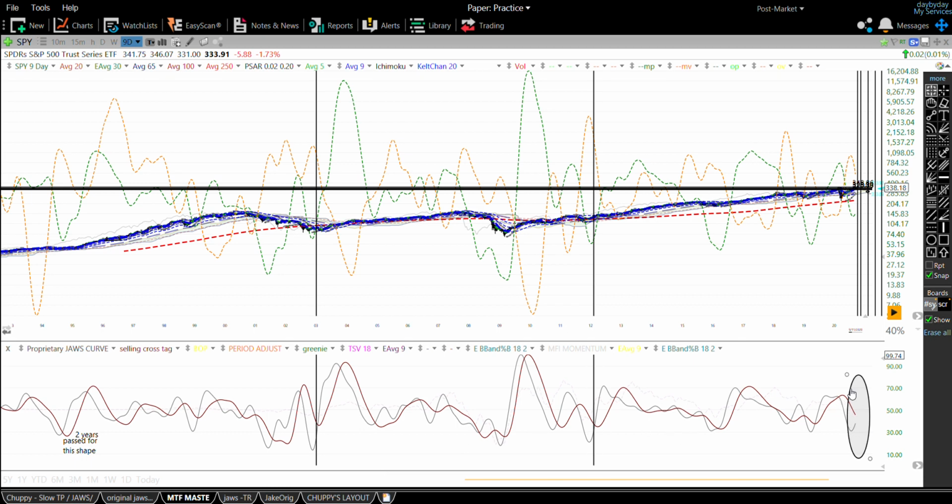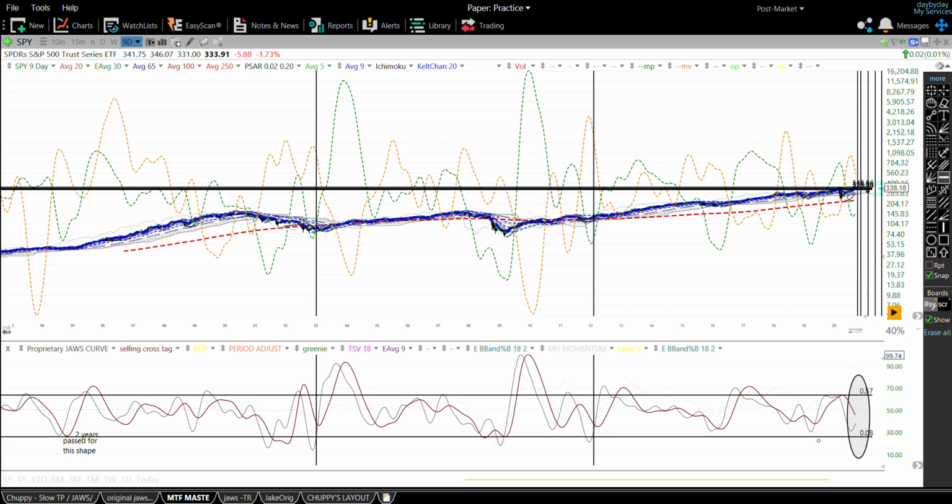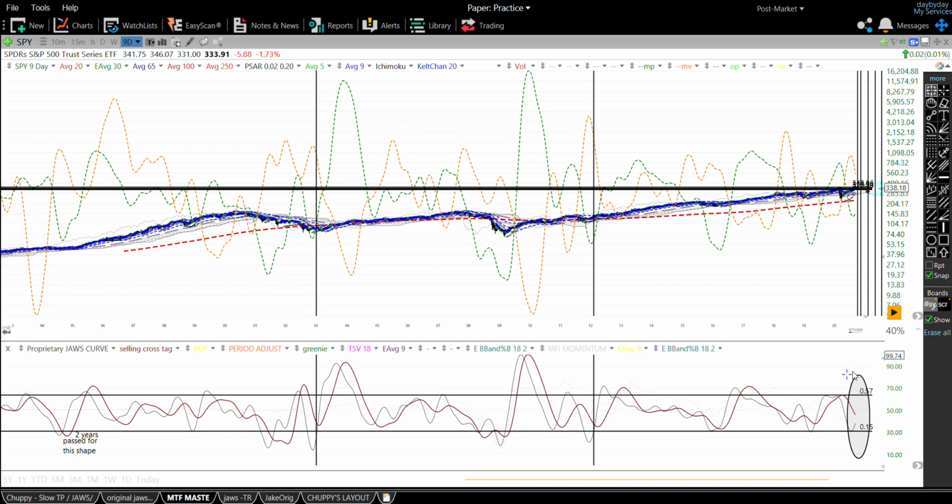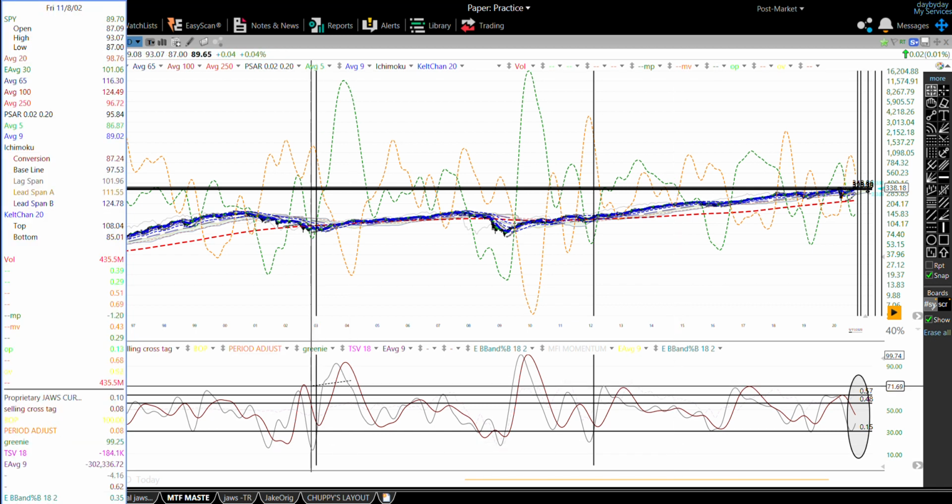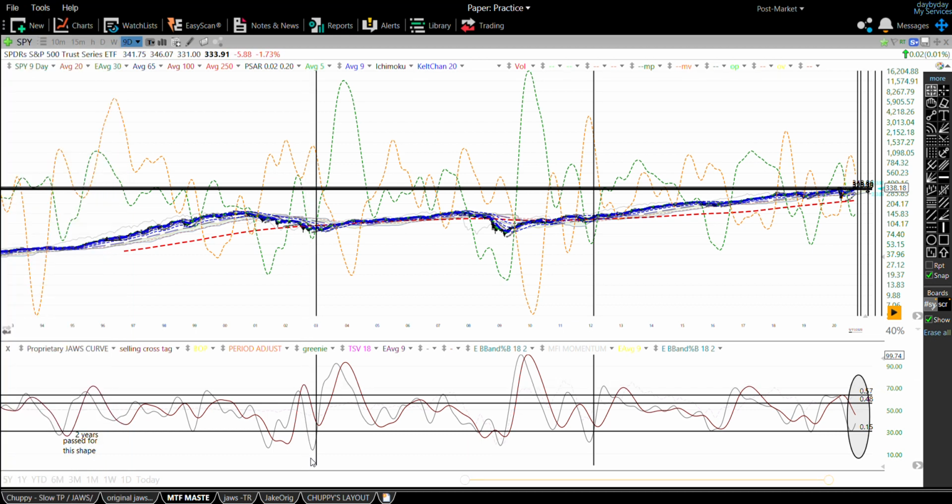And I say that because of the actual vertical size, or the dimensions vertically, from peak to bottom right here, is fairly similar in dimension to this point and this point, versus this one has a more stretched version where the dimension vertically, you can see, is much longer in amplitude.